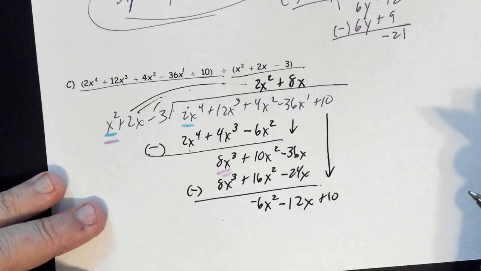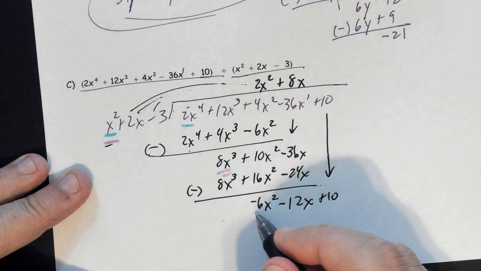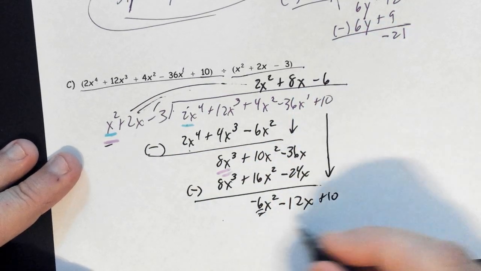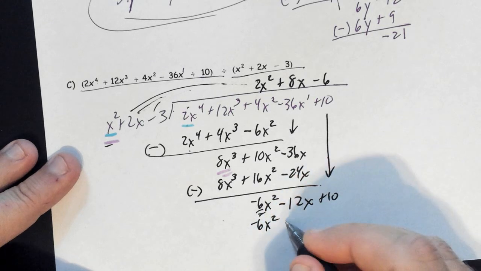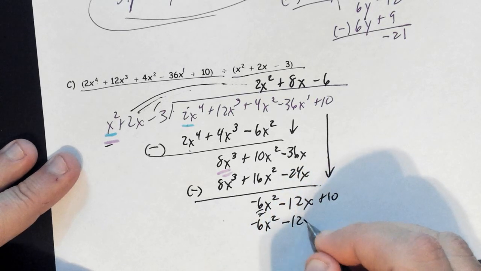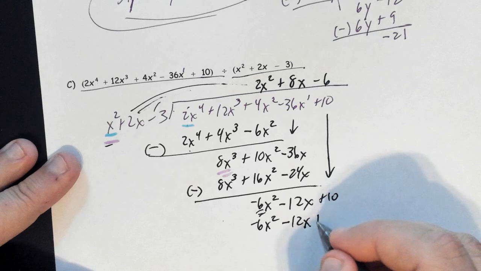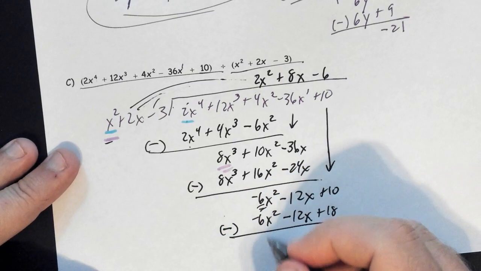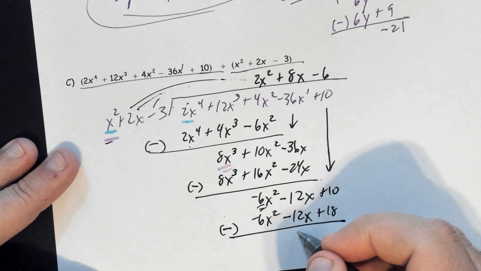Okay, and so we got one more time to do this. Match up the first term, which would be, I need a negative 6. So I get negative 6x squared minus 12x plus 18. And notice what happened. First one canceled and the second one canceled. Okay.